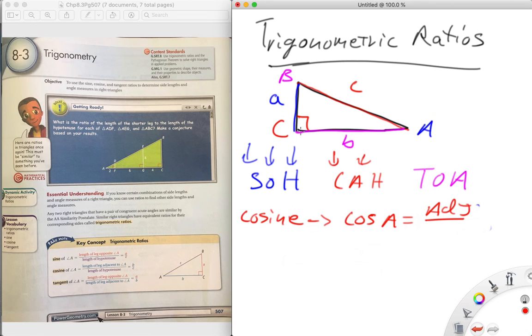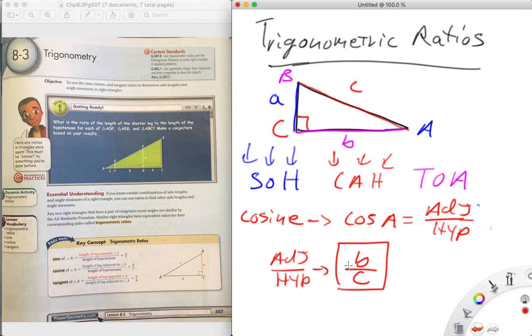And adjacent is always the side that touches angle A that's not the hypotenuse. H is also for hypotenuse. Cosine is adjacent over hypotenuse. So what's adjacent to angle A? What touches angle A? Lowercase b. What's the hypotenuse? Lowercase c. So the cosine of angle A, that ratio, is going to be b over c.